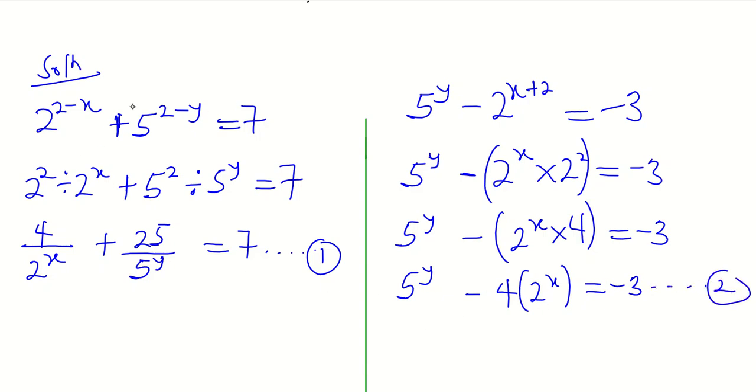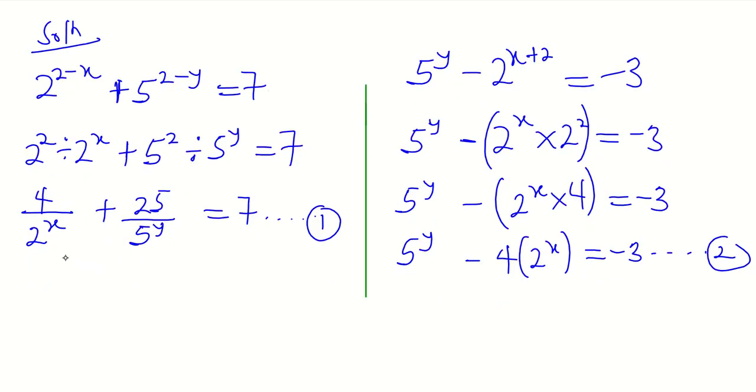Now with this done, we can see from the two equations that there is 5 exponent y and 5 exponent y. There is 2 exponent x and 2 exponent x. So to continue the solution, we can represent these by a and b, which means we can say that we should let a be equal to 2 exponent x and b be equal to 5 exponent y.